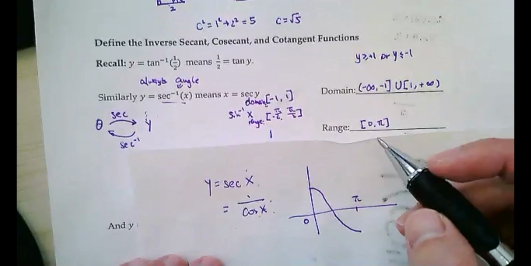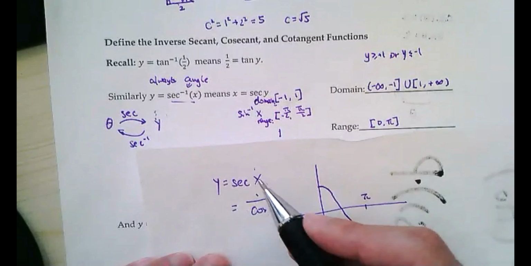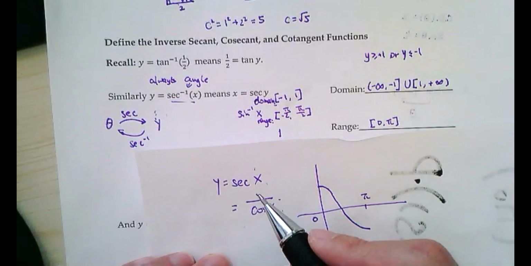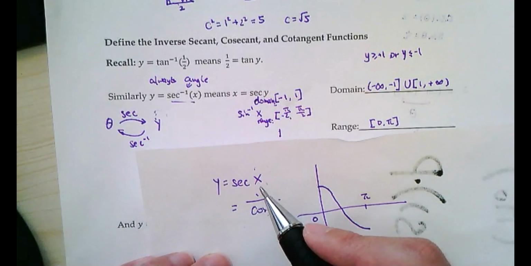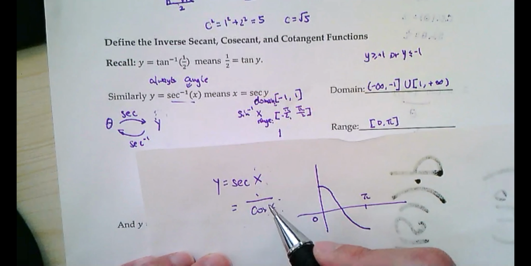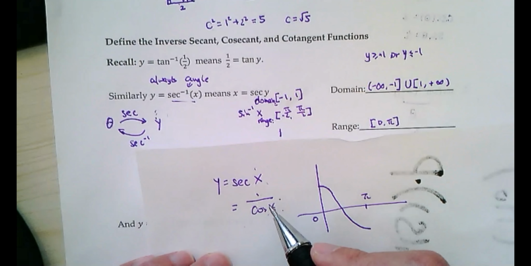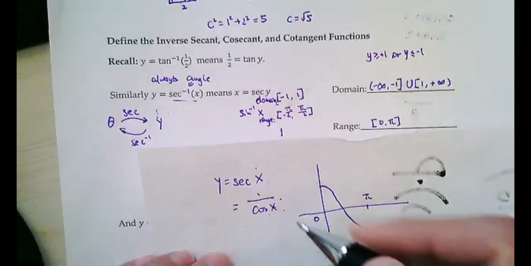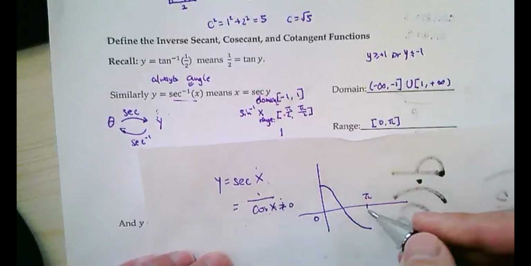But check this equation again. We are dealing with the secant function. There is something different. For cosine x, now it's in the bottom of the fraction. So there is one additional restriction. For a fraction, the bottom part cannot be 0. Okay, so this cannot be 0.